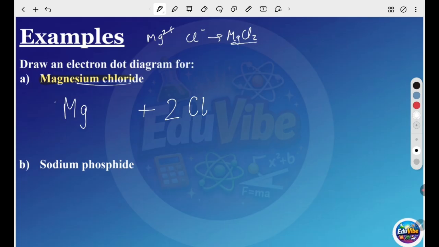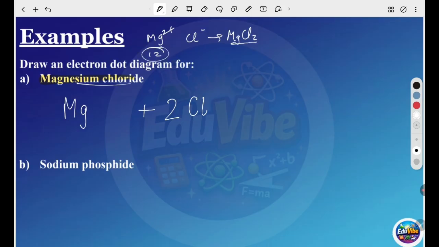Now, how many valence electrons does magnesium have? If we know how many protons it has, magnesium has 12 protons. So I have to make an orbital diagram for this. The orbital diagram will show that it is left with 2 at the end.